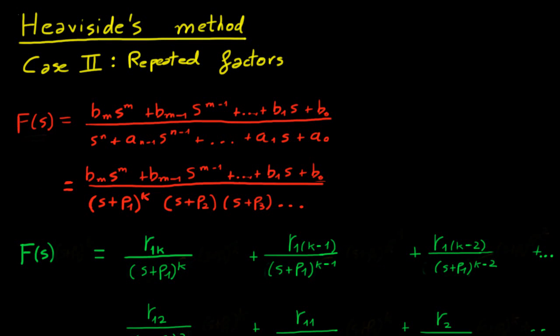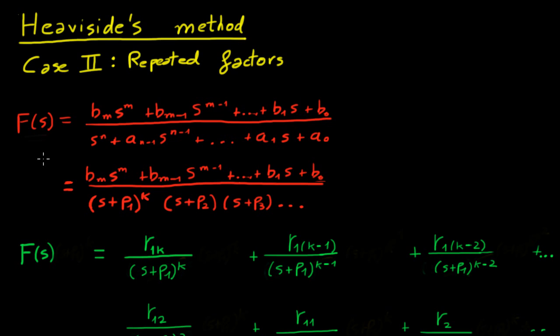The second possibility that can appear when we apply the Heaviside method for partial fraction decomposition is the one in which there are repeated factors, which means that some roots of the denominator of f of s are repeated, some poles of that function are multiple.